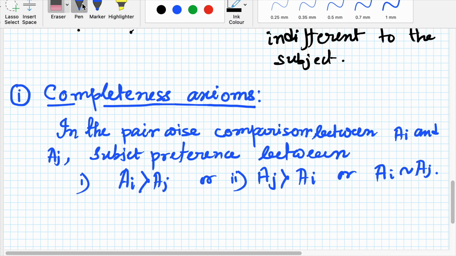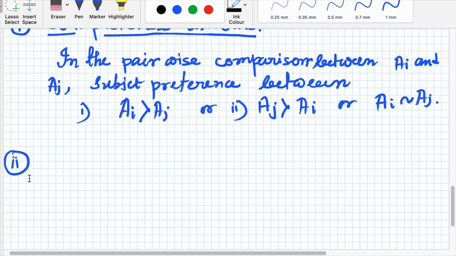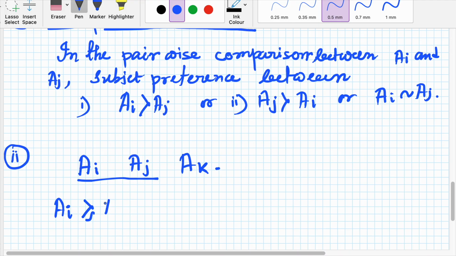And another axiom, which is also very natural: suppose I present three options, ai, aj and ak. Now suppose that in the pairwise comparison between ai and aj, ai is either preferred or indifferent with aj.